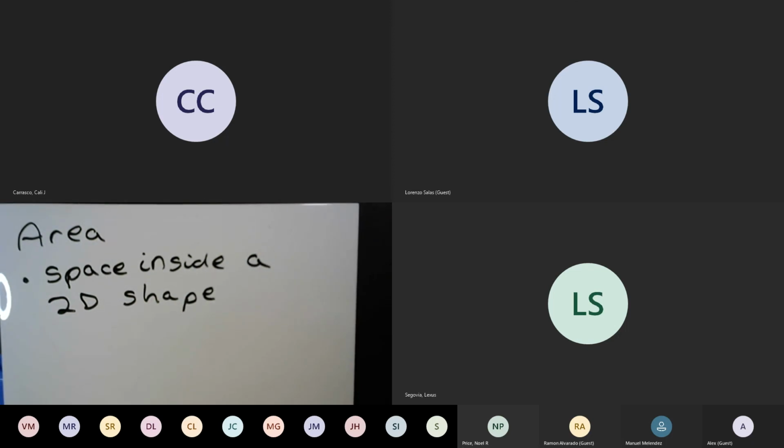It's the space on the inside. So each of these shapes has their own area formula.